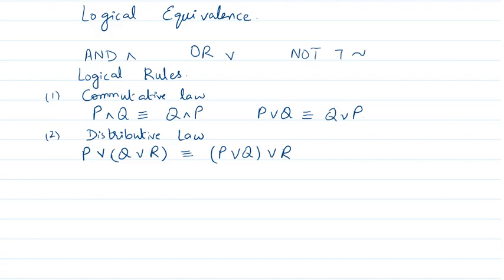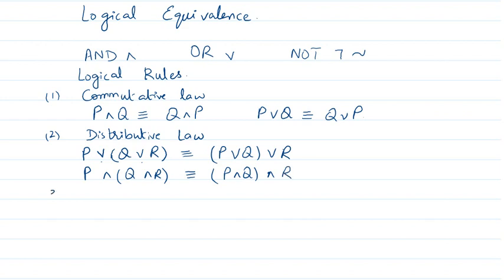The requirement is that all the logical operators here are the same. Similarly, in case of the AND gate, P and Q and R is equivalent to P and Q and R, right?